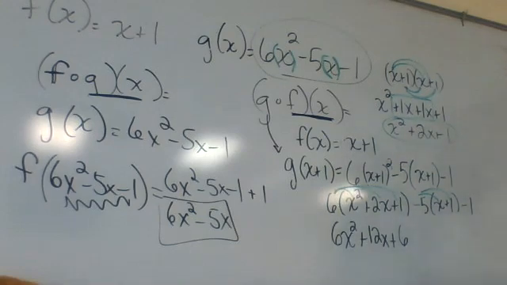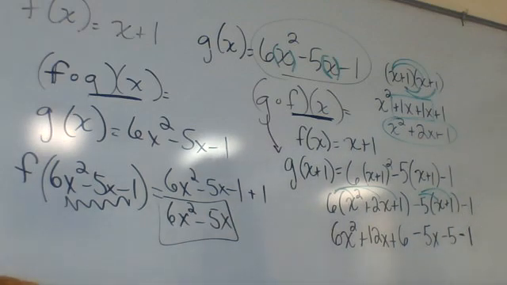Now multiply everything in here times negative 5. Negative 5 times x is negative 5x. Negative 5 times positive 1 is negative 5. And then just drop down the minus 1.